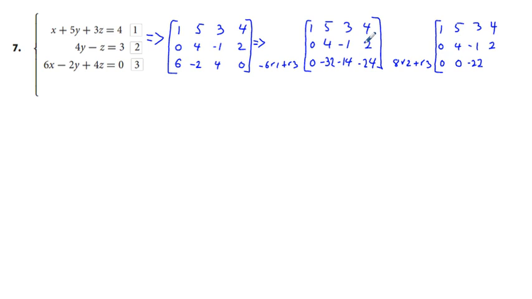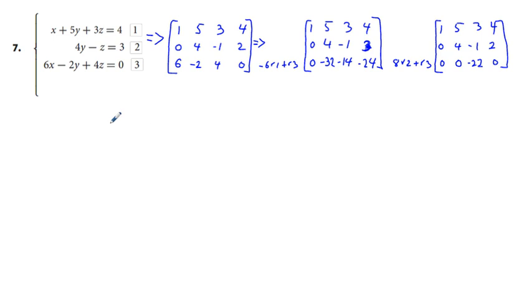Yeah, that's what happened, this transposition. So 8 of R2 plus R3 is going to be 24 minus 24, or 0.